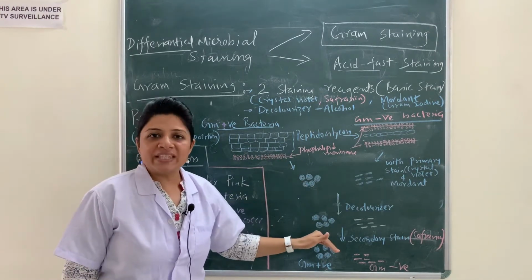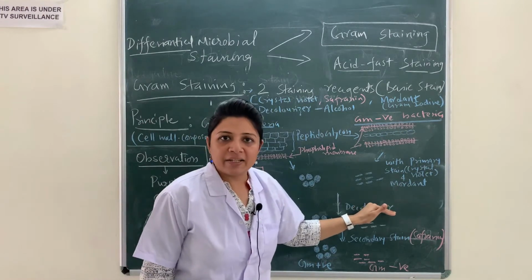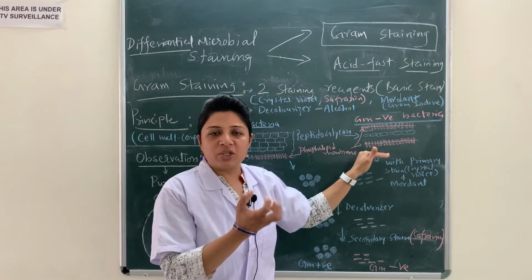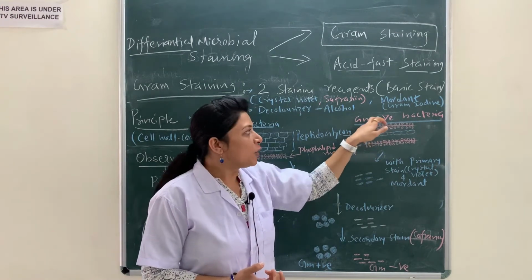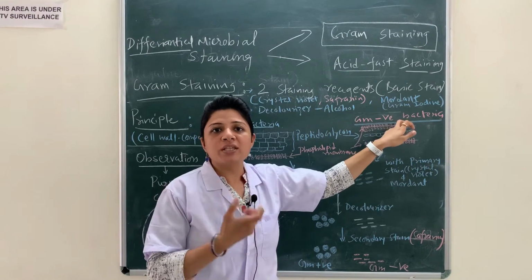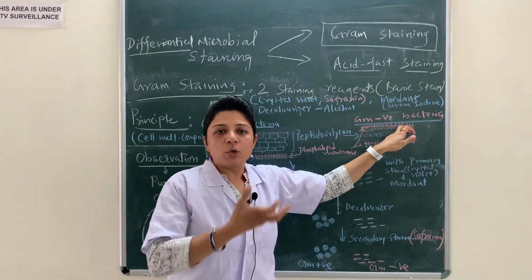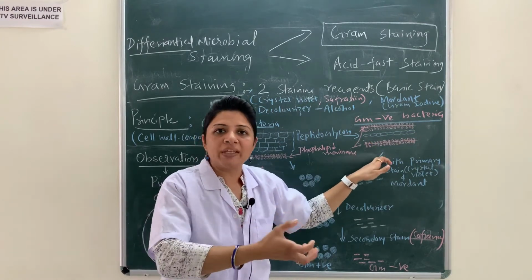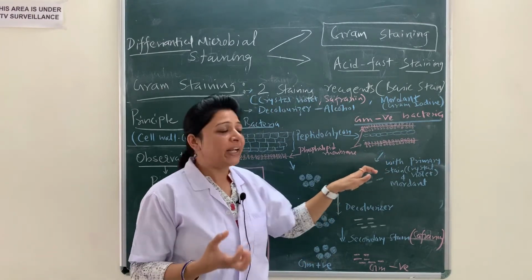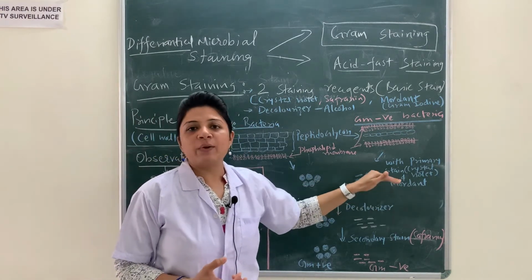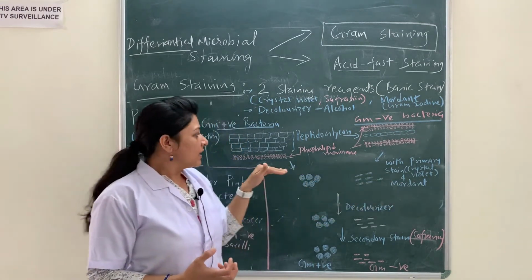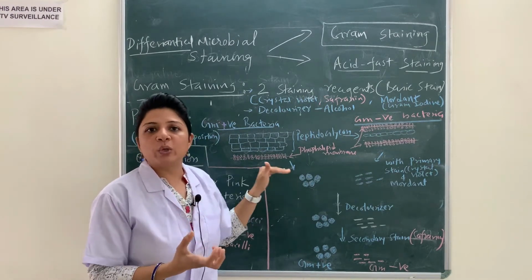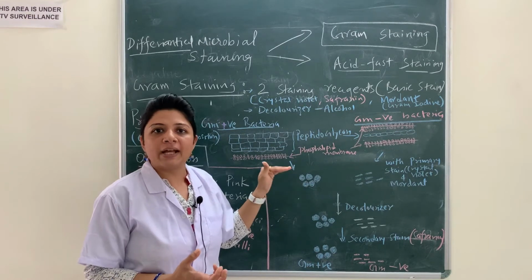In the subsequent step, when we apply the decolorizer, alcohol, it extracts the stain from the cell wall of the gram negative bacteria, because its lipid content is higher. Alcohol extracts the lipid content, and along with that the stain is also extracted, so the gram negative bacteria become colorless. Whereas in gram positive bacteria, the bond of the crystal violet stain is stronger, so it is retained and not removed by the alcohol.